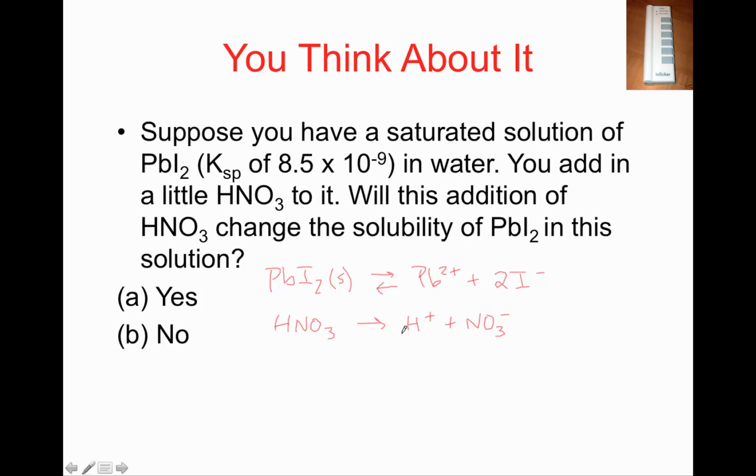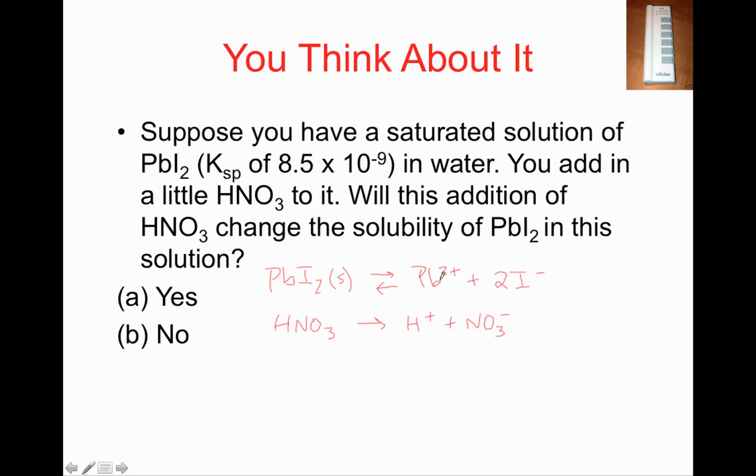But the other question that we need to ask ourselves here is, do these ions interact with each other? And so this is a second idea that's kind of being thrown out in this lecture: not only should we have the ability to look at individual ions and see how they affect solution pH, we need to look at the interactions between the ions. How are they interacting with each other? Well, I don't expect a positive to interact with a positive or a negative with a negative.